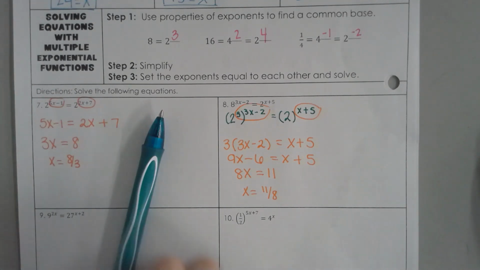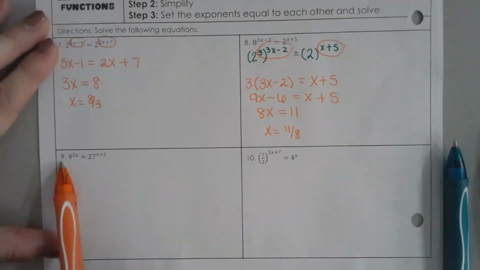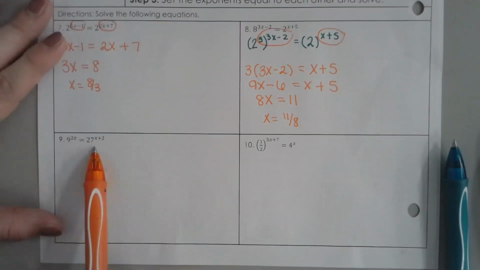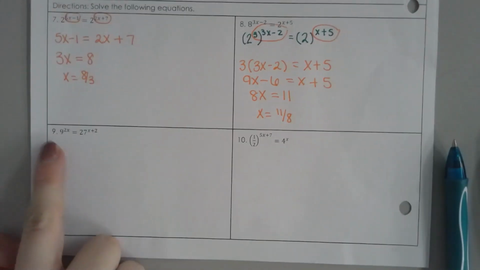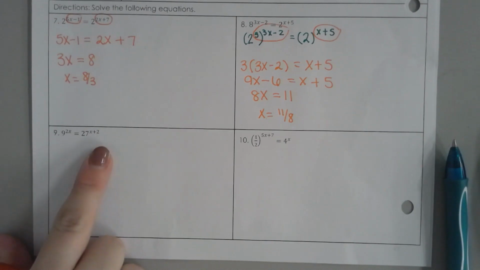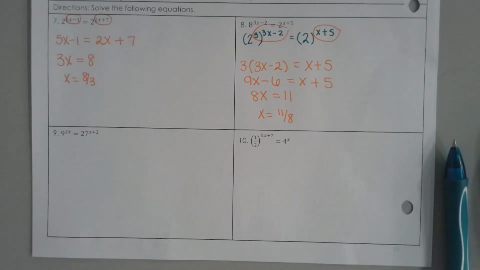So let's look at number 9. I have a base of 9 and a base of 27. I can't just turn the 9 into 27.